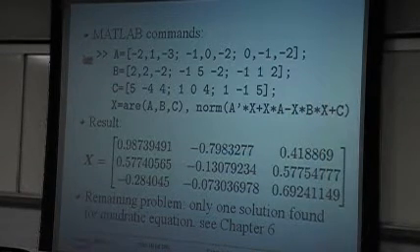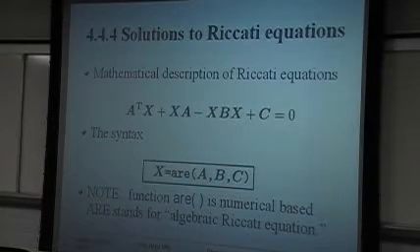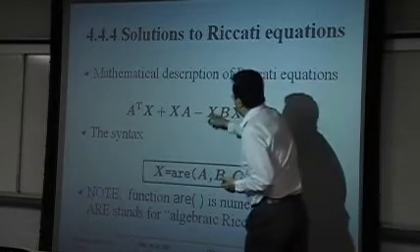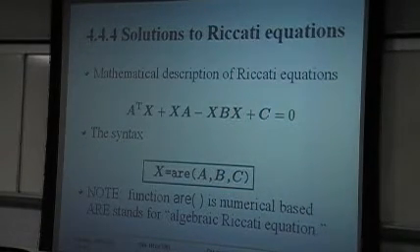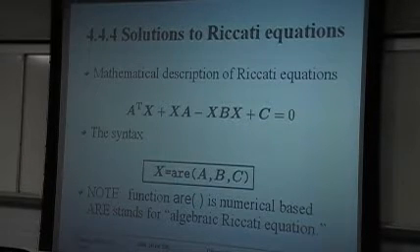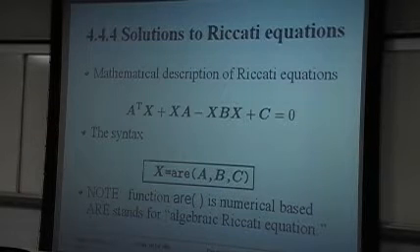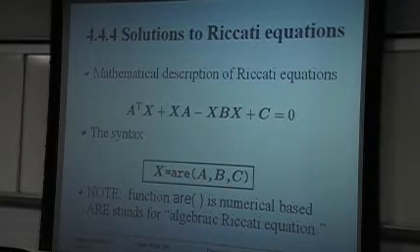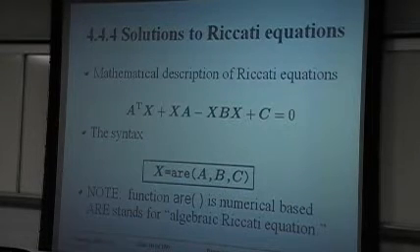Now let's recall the Riccati equation itself. We know that there is a quadratic term, which reminds us that if we have an equation like this for x, and x is a scalar, then there are two solutions, x1 and x2.